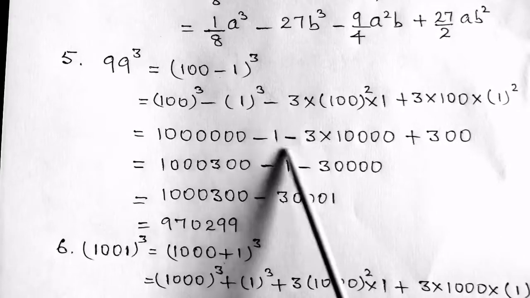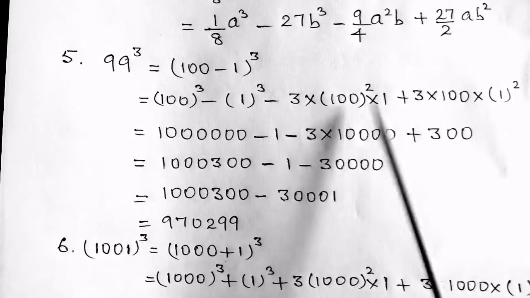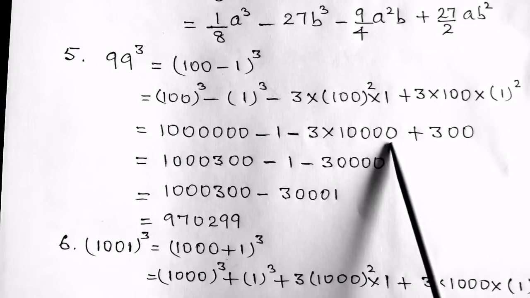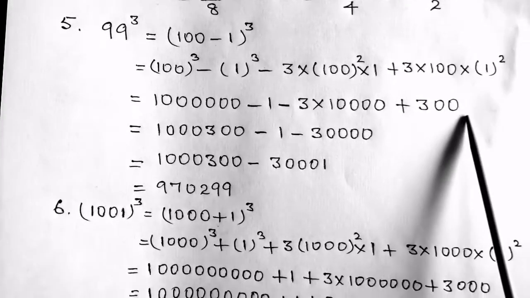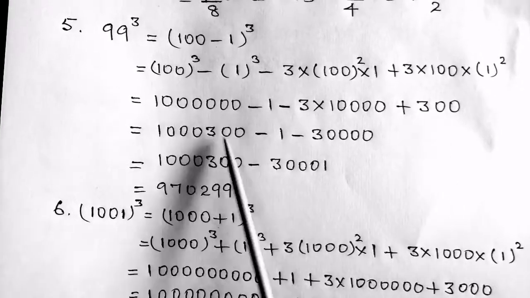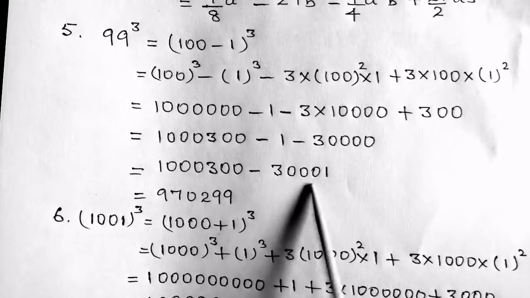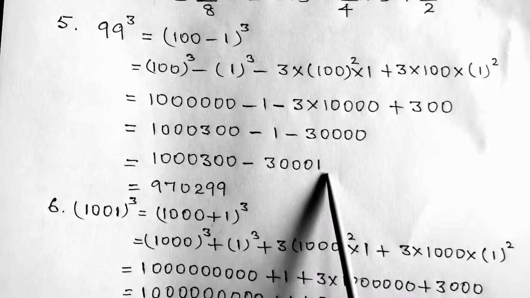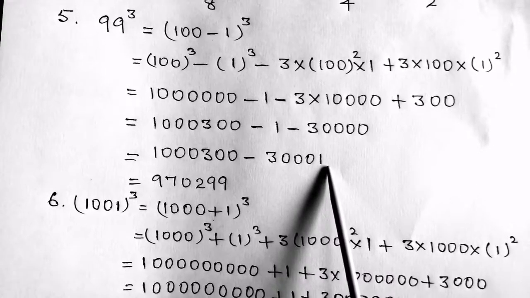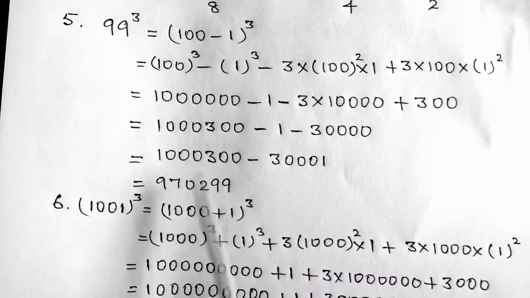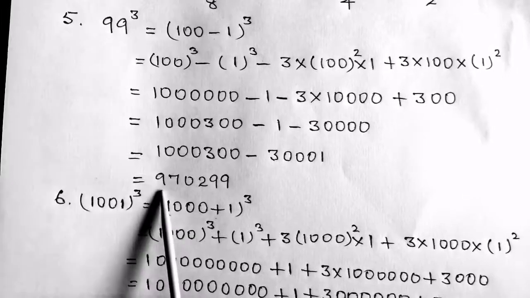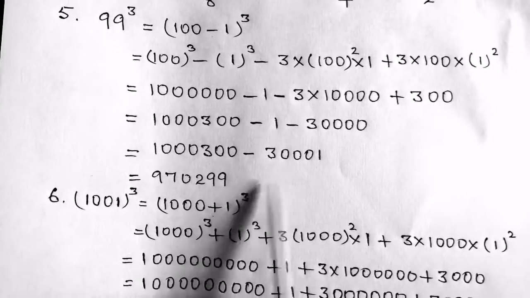Cube of minus 1 is 1, 3 into square of 100, which is 10,000, becomes 30,000, plus this becomes 300. So add these two, you get this, and if you add these two, you get 30,001. So on simplification, this is the answer: 970299.